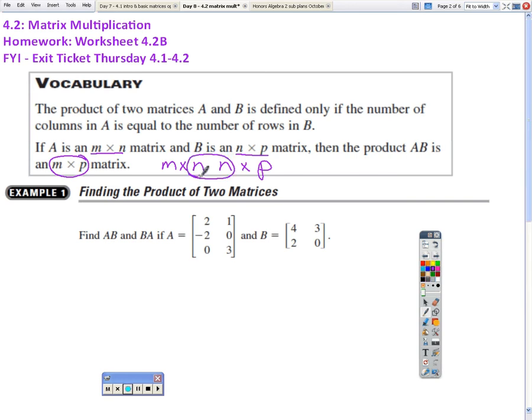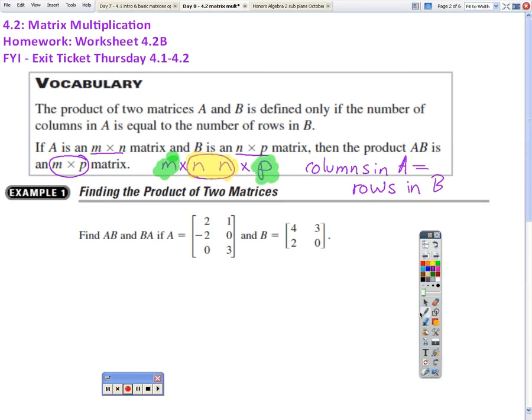The columns in A have to equal the rows in B. If the columns in A don't equal the rows in B, we can't multiply our matrices. And if those match, then it's almost like these go away, and our new dimensions are going to be the rows in A by the columns in B.